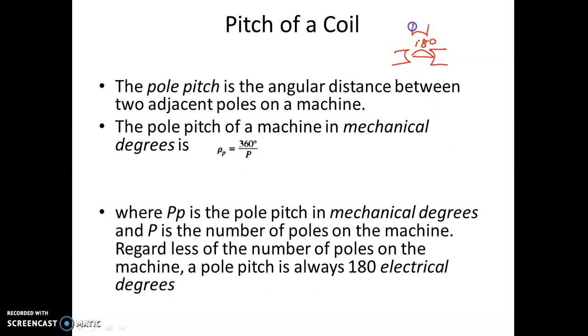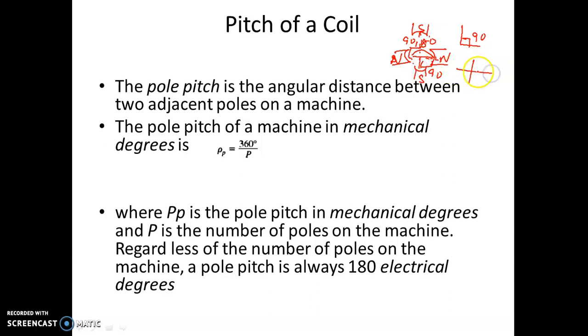If there is a 4 pole machine like this, this is north, south, north and south. Between these, how much will the mechanical displacement be? Between this south and north the mechanical displacement will be 90 degrees, and between this north and south it is also 90 degrees.